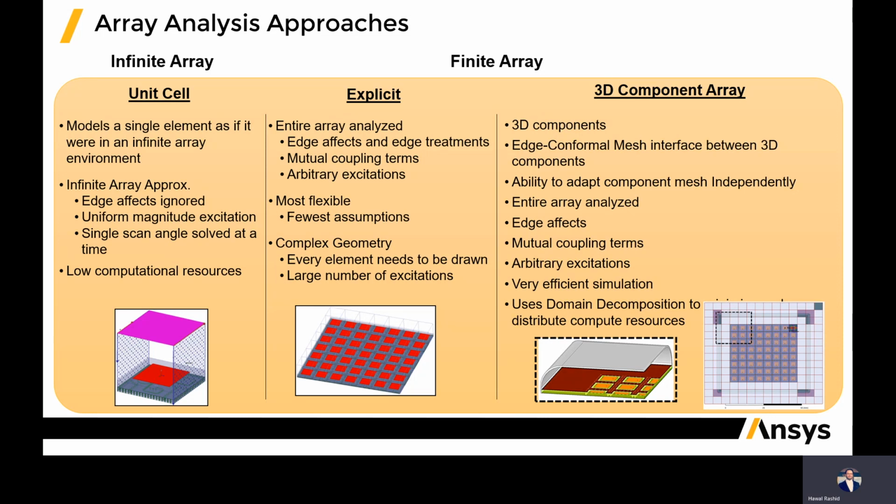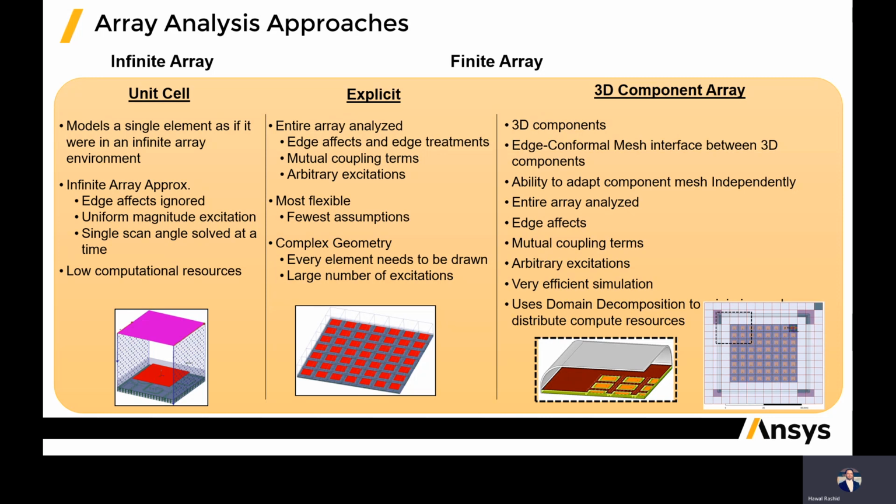Another approach would be, as we can see, for example, in the picture here, that if we have some radiators, a radome, and other things, we can break it down into different 3D components. So we can represent this whole antenna with a few 3D components.